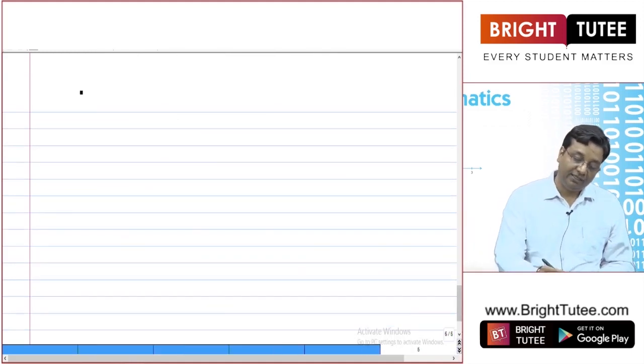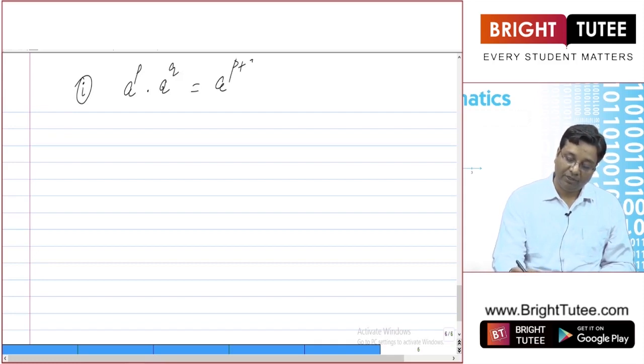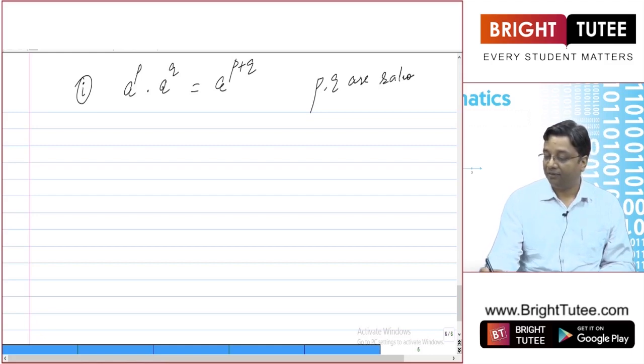So if I have to write these laws of exponents once again, now if I write it like this, A raised to power P into A raised to power Q, then I can write it as A raised to power P plus Q, where P and Q are rational numbers.